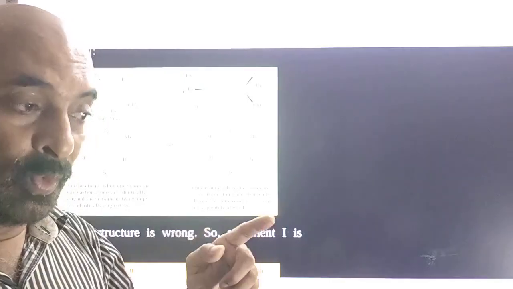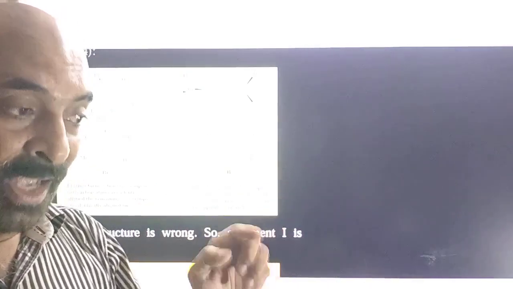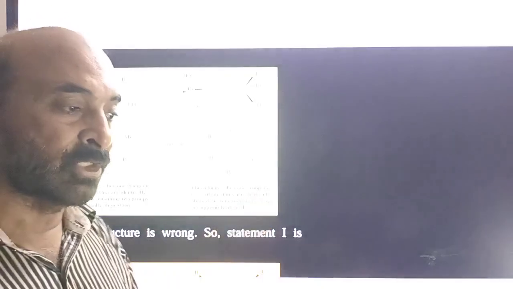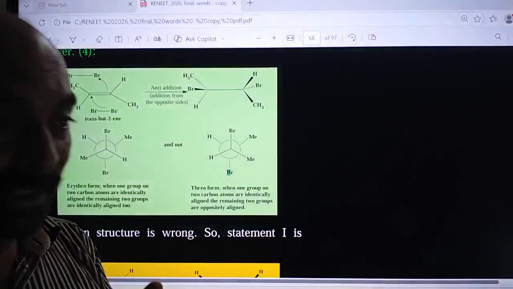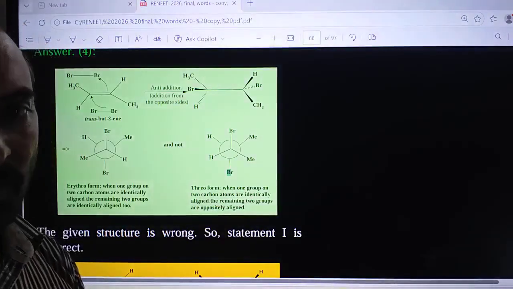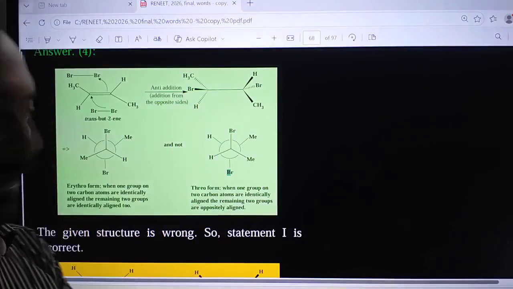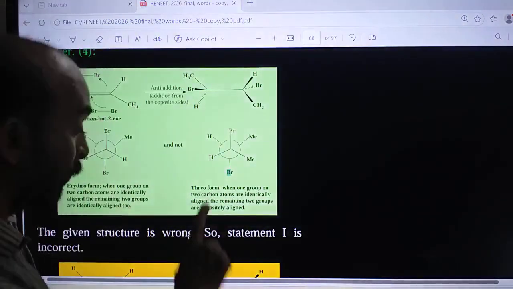We know by our rule, trans versus anti must give erythro, all three aligned. Whereas the given Newman projection formula suggests the product to be threo. That's why I told you, even though names are not in the syllabus, it is better that we name it, so we can easily call it. That's why I ask you to learn the names. So we expect erythro, we got threo.